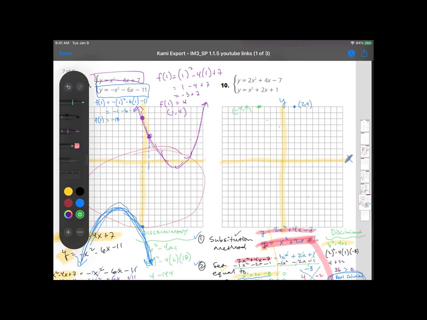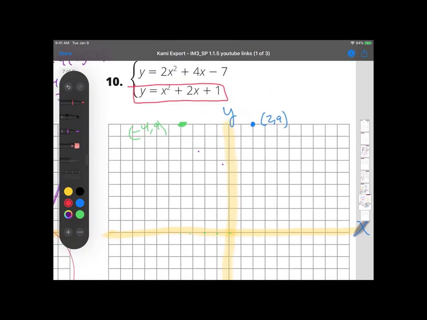Let's graph it. This one in red. Let's see if it's factorable. Actually, no, that is the case. A times C is 1, B value is 2. My two numbers are 1 and 1, so that is x plus 1, x plus 1.